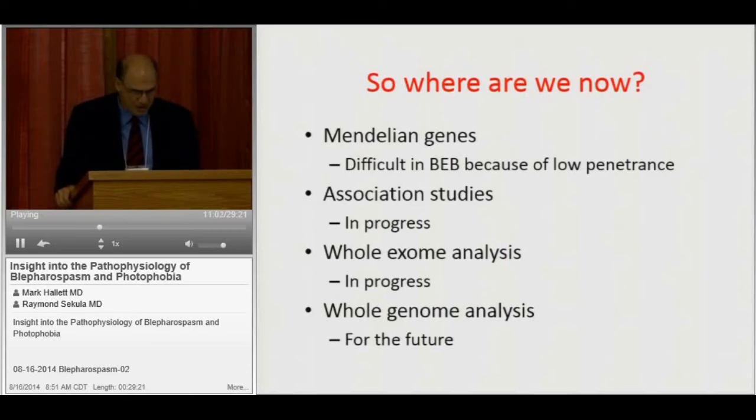They're in progress. And there are new techniques now called whole exome analysis and even whole genome analysis. They are again looking for Mendelian genes, and they are in progress, but there are no clear results as yet. So people are actively working in the genetic field, but we don't have so much information yet.